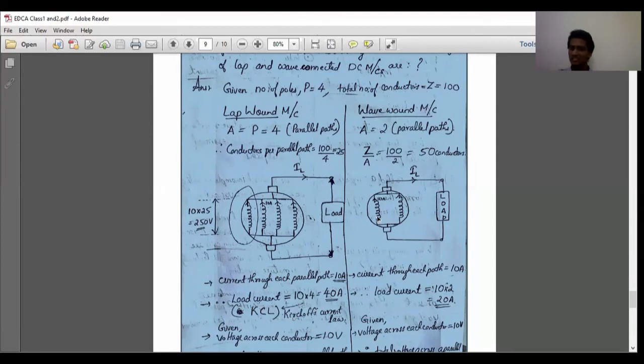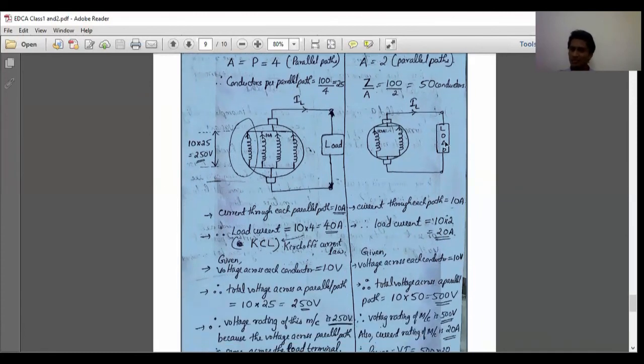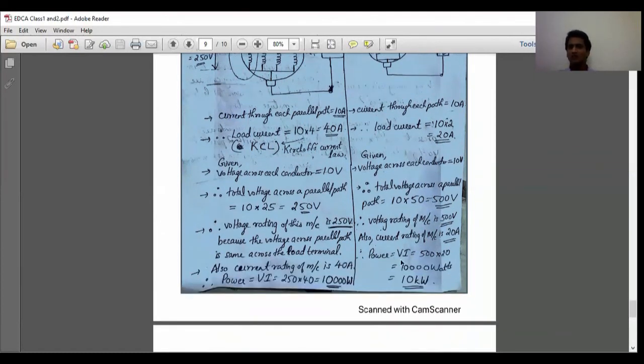What is the current rating of this machine? 20 ampere. Clear? Then what is the power drawn by the load? Power drawn means voltage across that load into current drawn by the load, that is 500 into 20 ampere, that is also the same power, 10,000 watts, that's equal to 10 kilowatt.